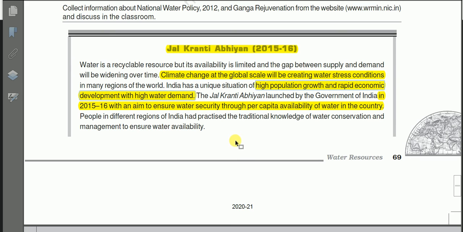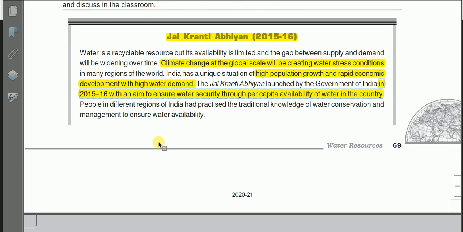That is the point. So the Jal Kranti Abhiyan was launched by the government of India in 2015-16 with an aim to ensure water security through per capita availability of water in the country.